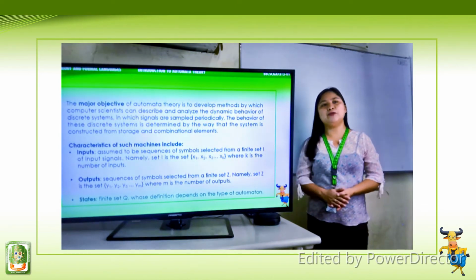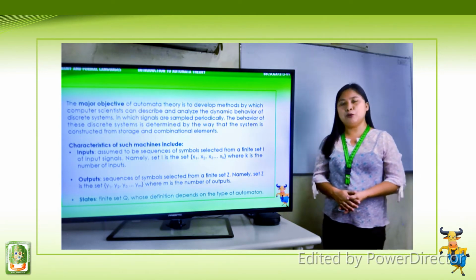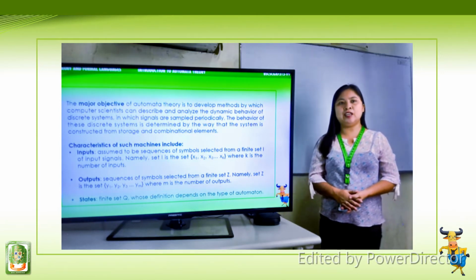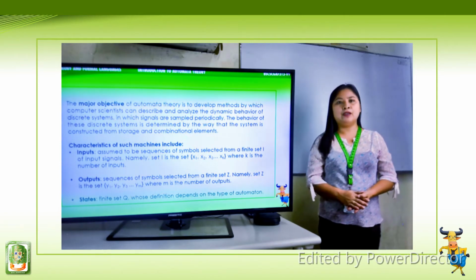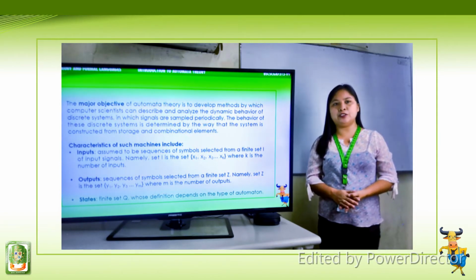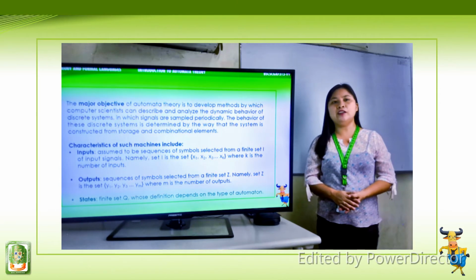Okay, so the major objective of automata theory is to develop methods by which computer scientists can describe and analyze the dynamic behavior of discrete systems, in which signals are sampled periodically. The behavior of these discrete systems is determined by the way that the system is constructed from storage and combinational elements.